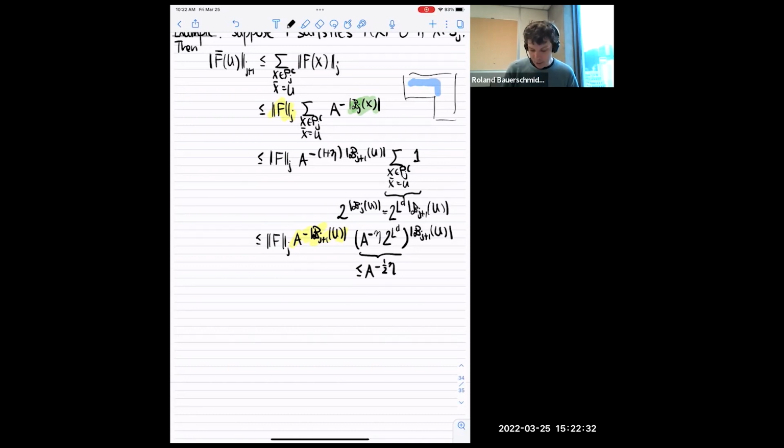And A is large, so this is a factor smaller than 1 if we want to. So the upshot is that this is much less than the norm of fj times a to the minus beta j of u, because it's multiplying this additional term, which is much less than 1.